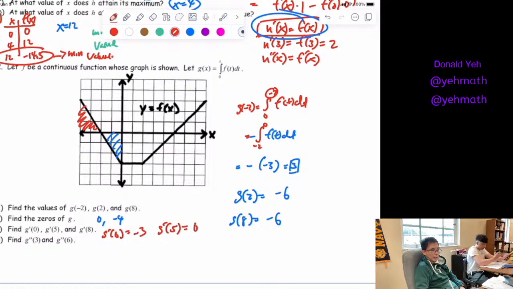It's 0. Good. What is g prime of 8? 3. What is g double prime of 3? 1 is good. And g double prime of 6 is what? It's still 1, right?